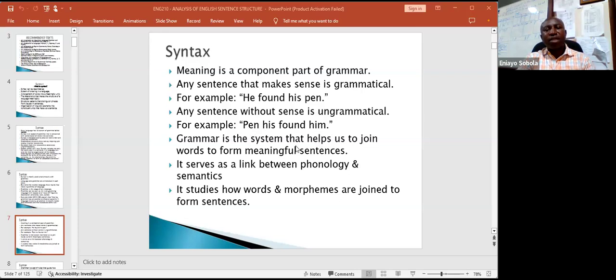And grammar is a system that helps to guide us on how we need to arrange words to form sentences, including the use of morphemes and every other element. One thing you need to note is that grammar serves as a link between phonology and semantics. You know, phonology has to do with sound, production of sound, realization of sound.